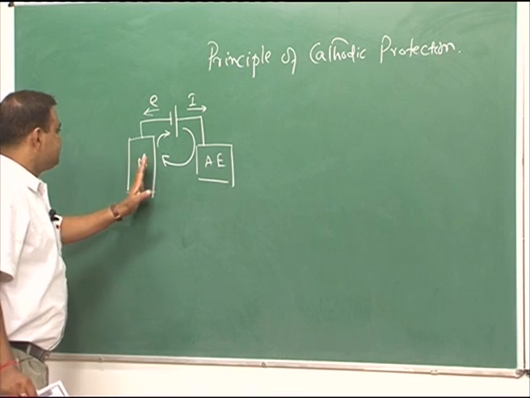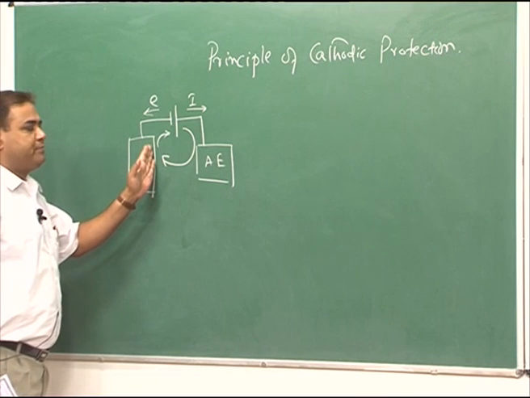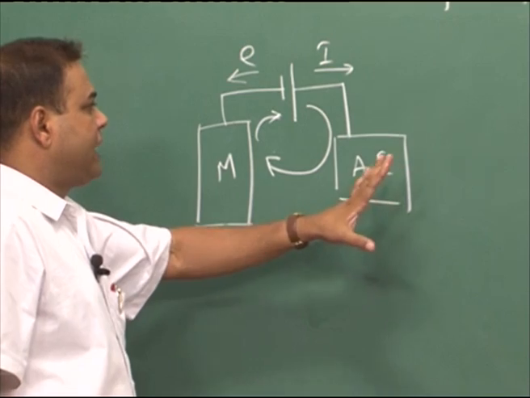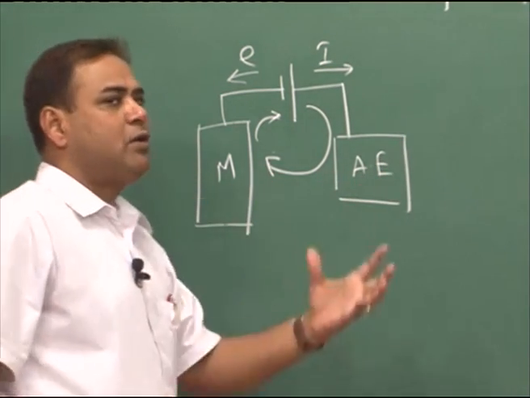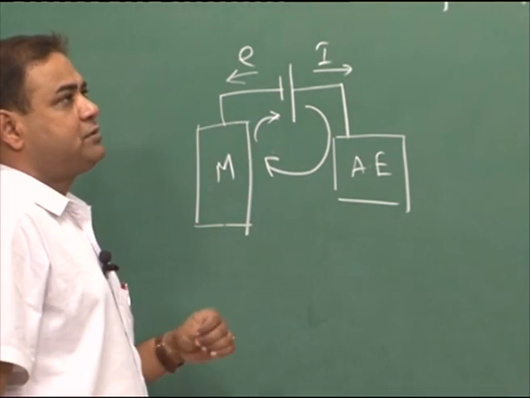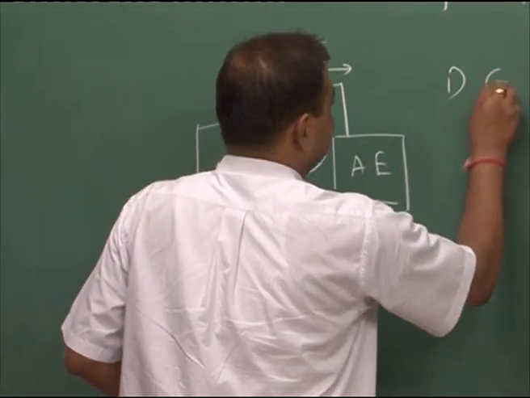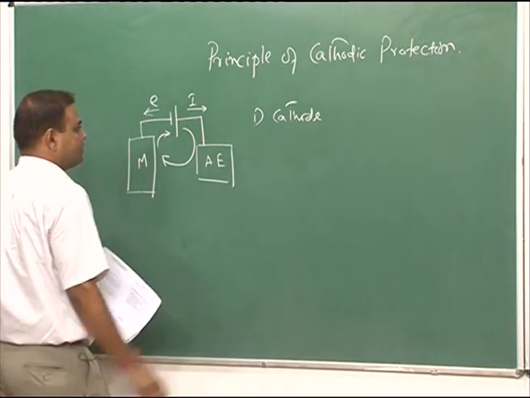Now, since this is the cathode and the current is entering into the metal object, another criterion for cathodic protection is that the current should enter into the metal object which is to be protected. So, there are three cases. One is that the metal object is to be made a cathode.